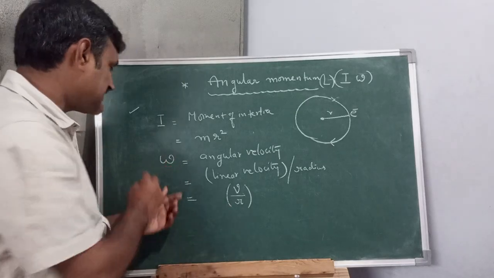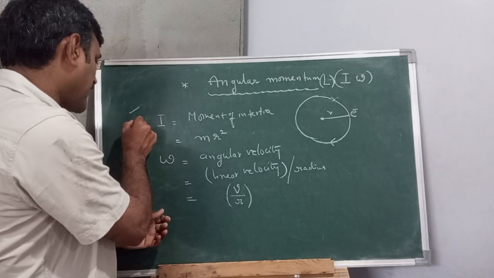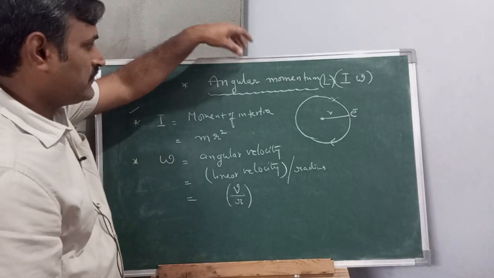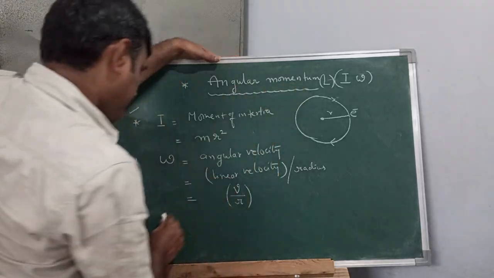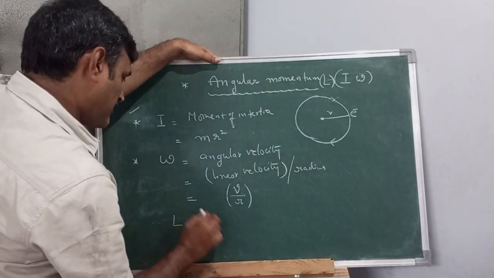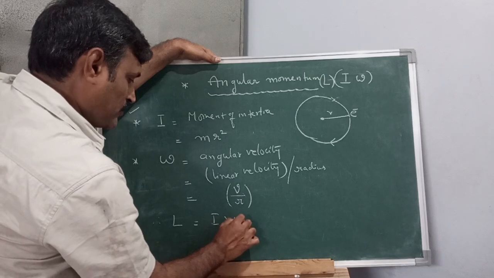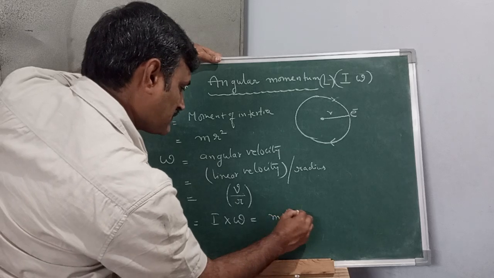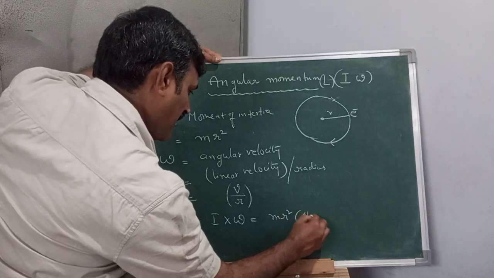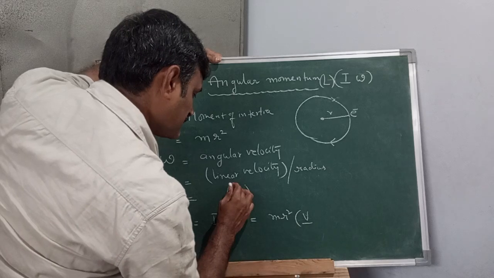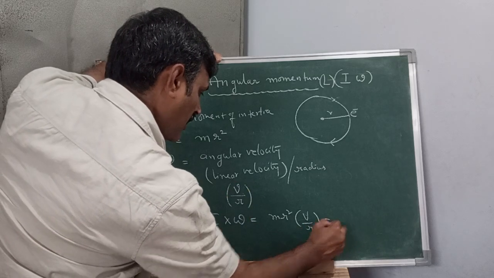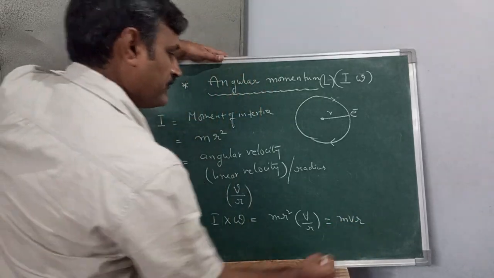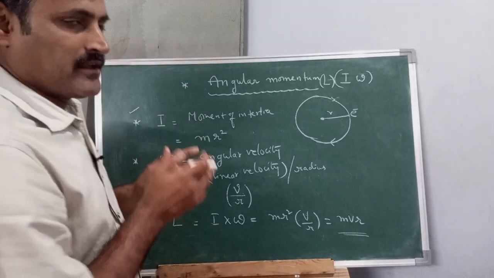So the angular velocity is omega equals v by r. Now, what is angular momentum? Angular momentum is I into omega, and I is mr square into v by r. The r gets cancelled and it becomes mvr. So this is called angular momentum.